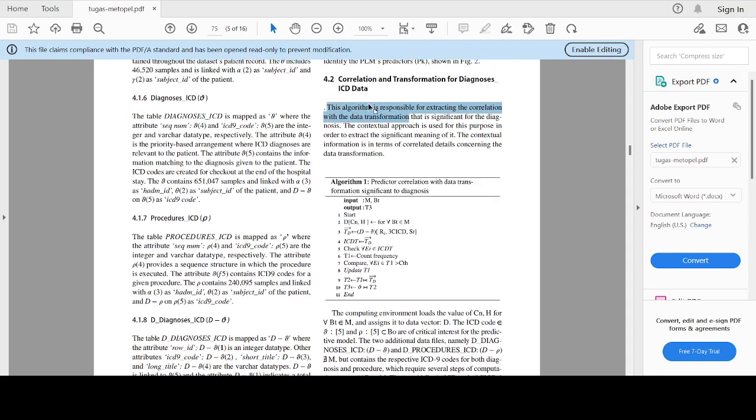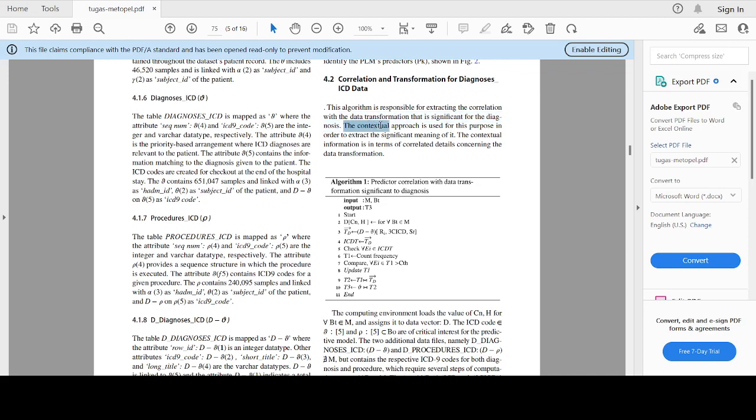This algorithm entails correlation and transformation for diagnosed ICD data. Okay, so we're entering the algorithm. This algorithm is responsible for extracting the correlation with the data transformation that is significant for the diagnosis.